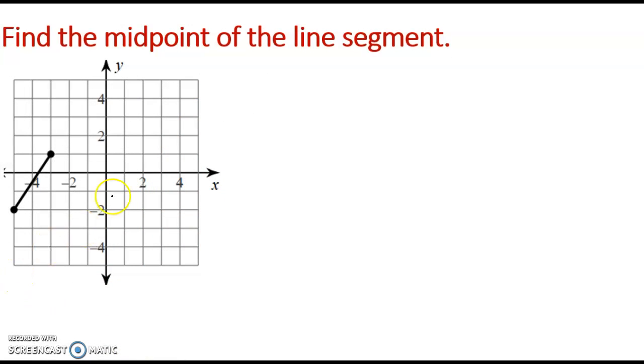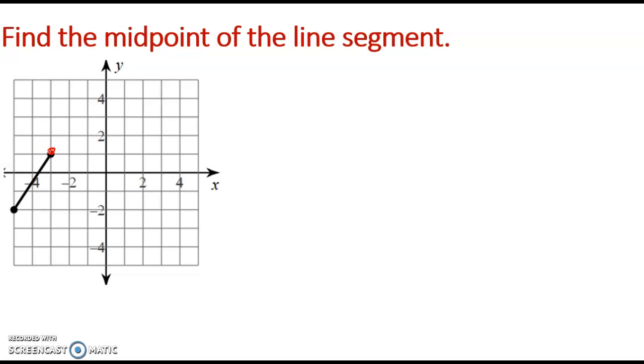Okay, one more. Find the midpoint of the line segment, this one in black. So we need to identify the ordered pair here. At this end, what do we have?